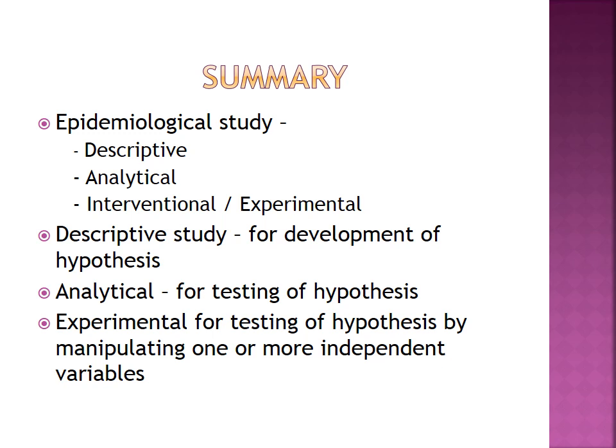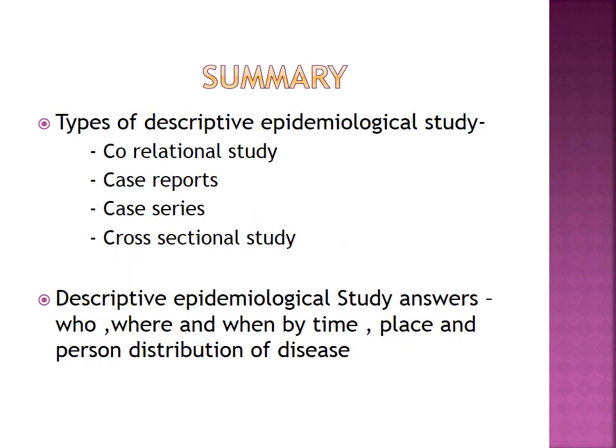Now to sum up, epidemiological studies are of three types, mainly descriptive, analytical, and interventional or experimental. The purpose of a descriptive study is to develop hypothesis. An analytical study is for testing of hypothesis, and an experimental study is for testing of hypothesis by manipulating one or more independent variables.